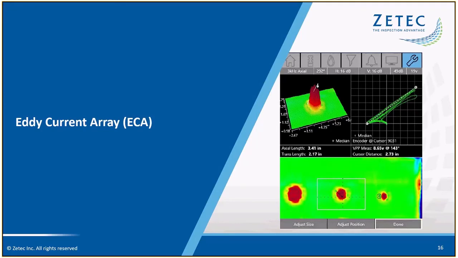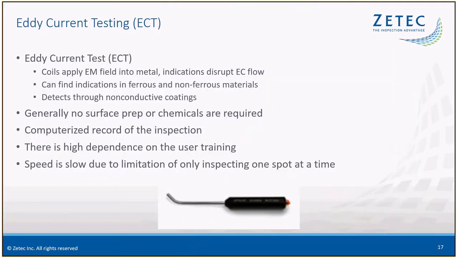So for eddy current array, starting off just going through real quickly on standard eddy current, it's essentially a wound coil, or sometimes it can be a printed coil on a circuit board. You put an alternating current through it, and it creates a field within your part.